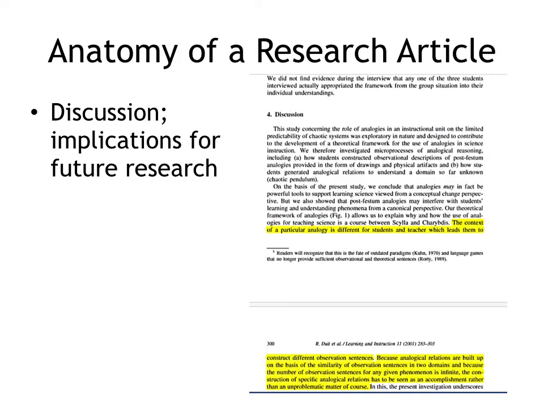Then there should be some kind of discussion. This is where you get to interpret your results. You get to explain why you think it happened that way or didn't happen that way, and what you would change.